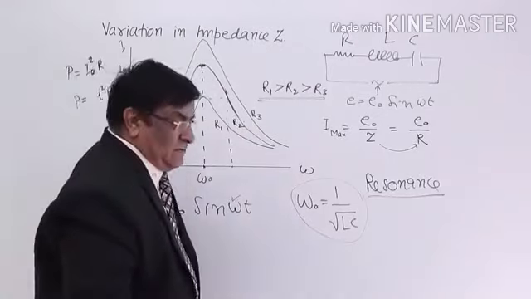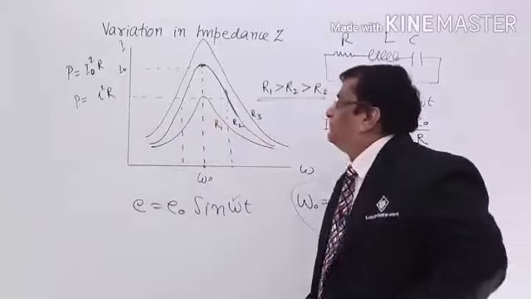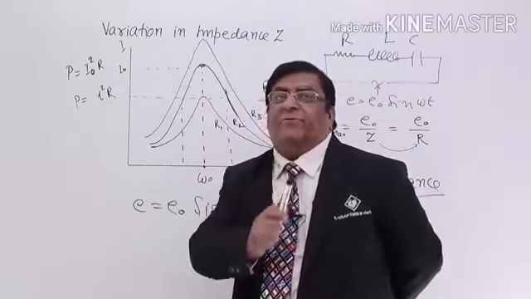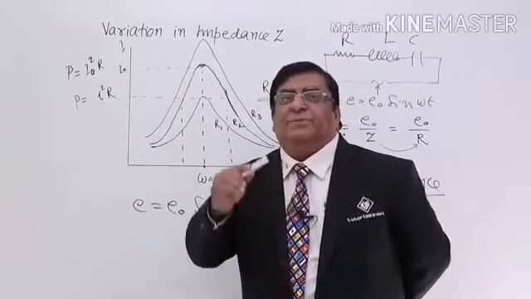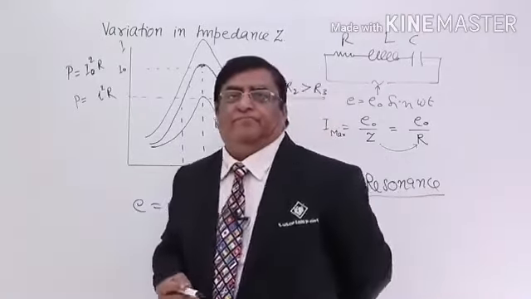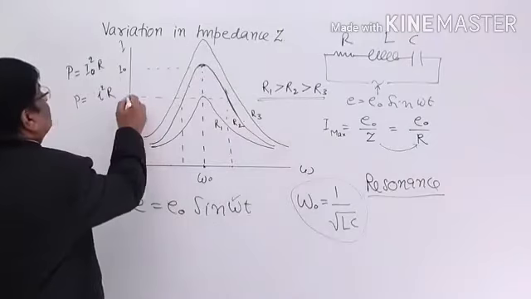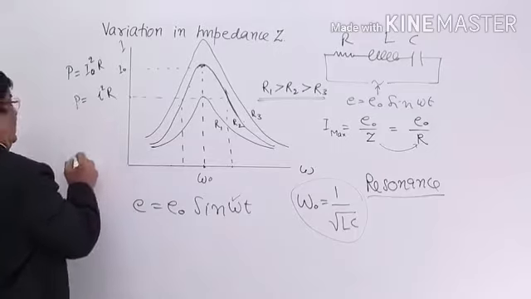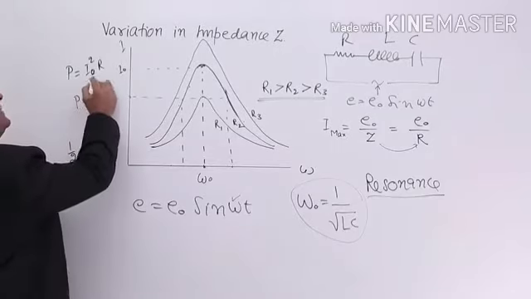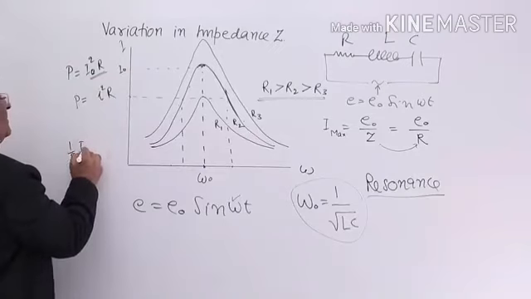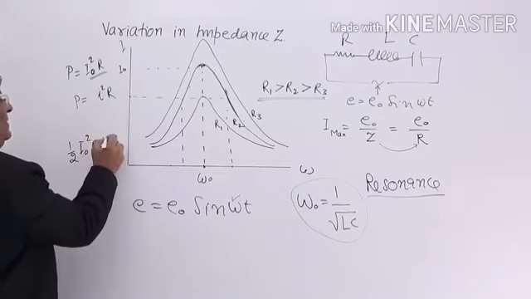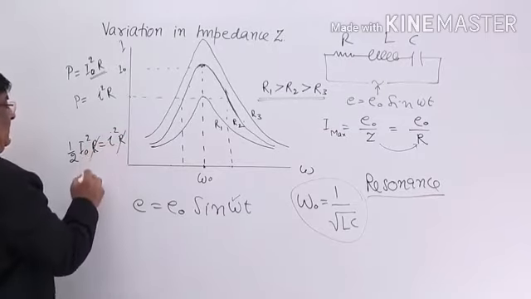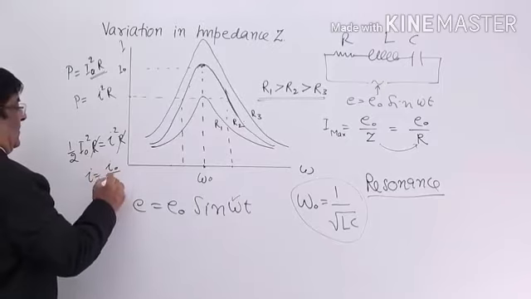Now another thing which is very important in this is power. This is power. There is a particular value of current for which this power will become half. If this power is half, then for half of the peak power, here we get I square R. I is equal to I naught upon root 2.